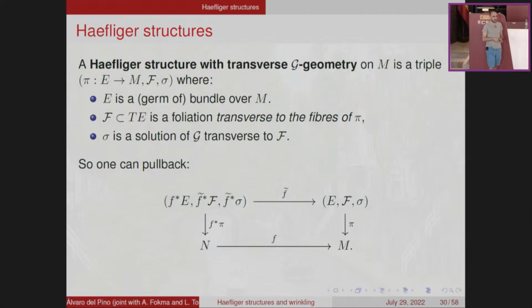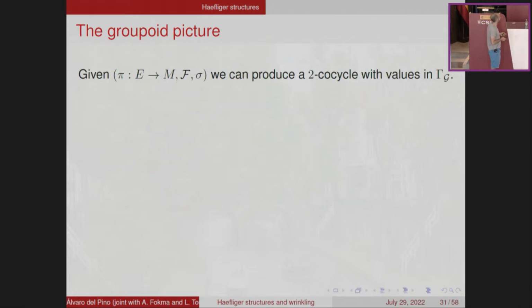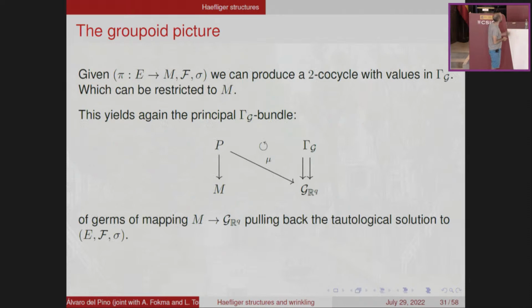Okay. Yes, that's the next slide. So let me maybe show the whole thing at once. And the proof is very easy, right? If I have a Haefliger structure in this sense, it's a foliation on E, so it has a cocycle description as a foliation with transverse structure. Now, as a cocycle, the cocycle can be restricted to M. That is certainly not a problem.